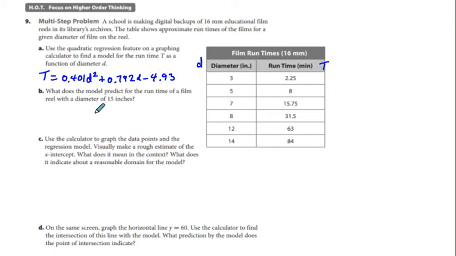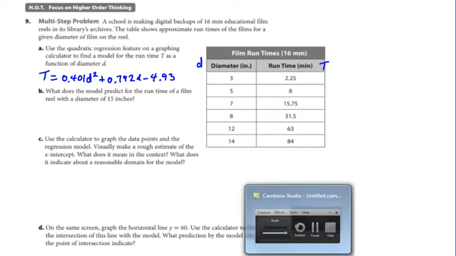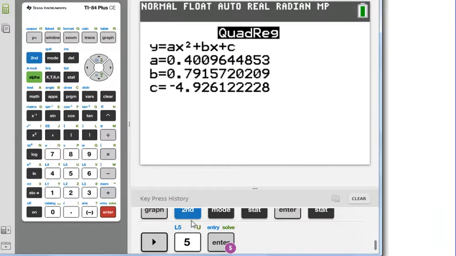And then it says, what does the model predict for runtime of a film reel with a diameter of 15 inches? Let's go and enter this in our calculator here, and here we have it.